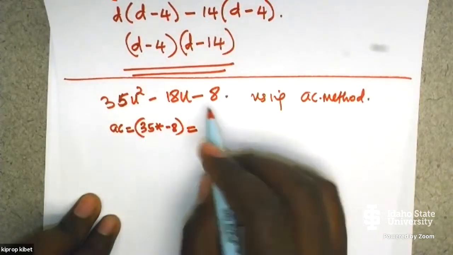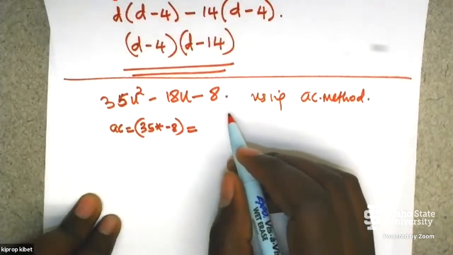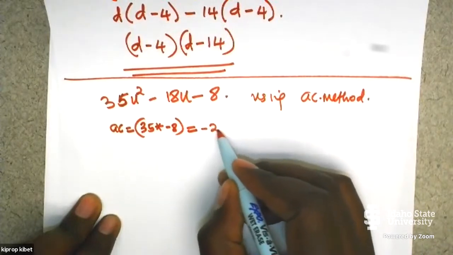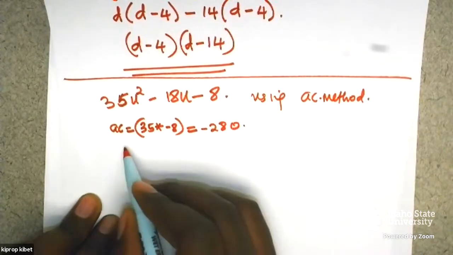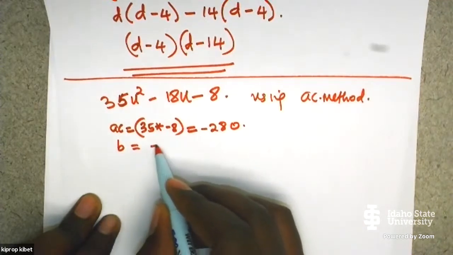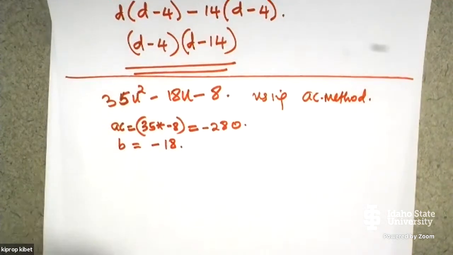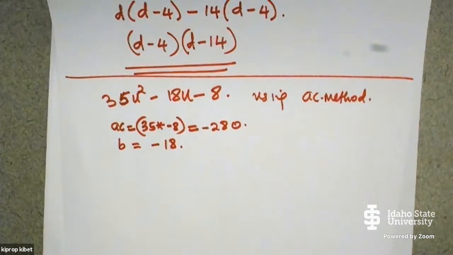What do we get? Negative 280. And what is our B? Negative 18. So we need to get two numbers in which the product is negative 280 and the sum is negative 18. So what are the two numbers?